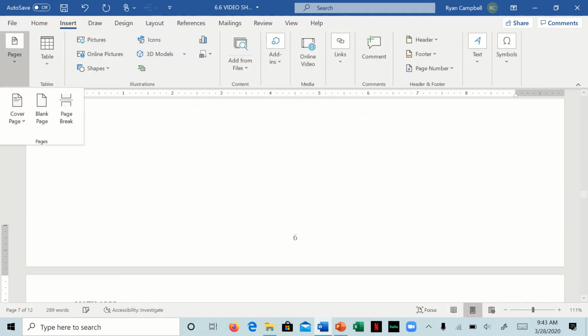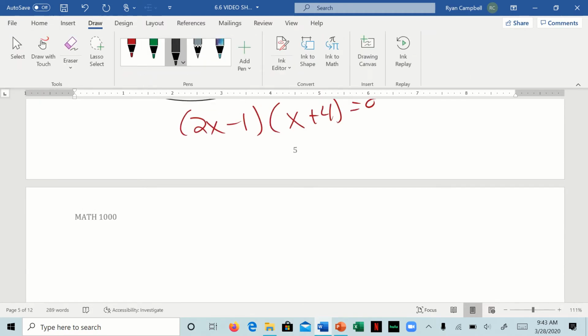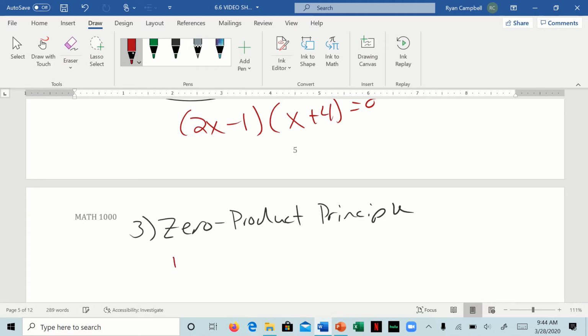So let's give us a little more space. So step 3, you use the zero product property, or zero product principle, excuse me. Right, so we have two equations, 2x minus 1 equals 0, and x plus 4 equals 0, right?